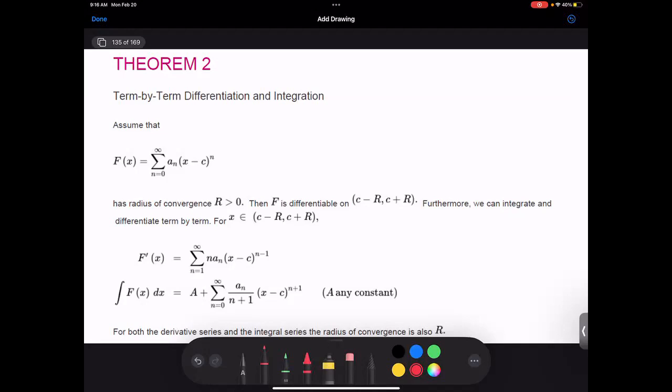But if I have a series that converges absolutely, I can differentiate term by term in that region, and I can integrate term by term in that region. And the radius of convergence of these new series is the same as the old. So you can differentiate term by term. That's wonderful. Okay, so this is a great result. If the series converges absolutely, you can differentiate term by term inside that region of convergence.